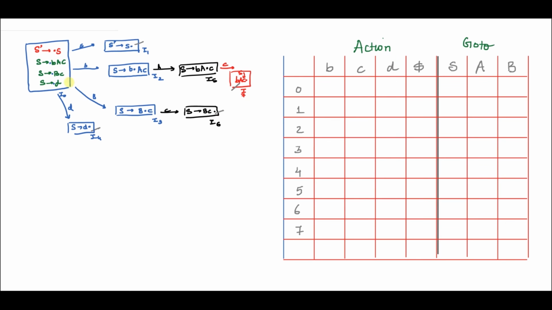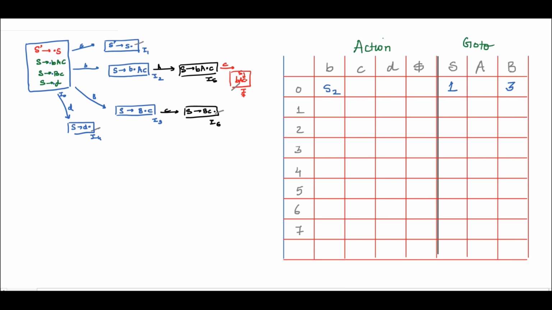Now I0 on capital S takes me to I1, so I'll write down 1 here. And I0 on capital B takes me to I3, so I'll write down 3 here. And I0 on small a takes me to I2, so I'll write this as transition S2, as in shift 2.